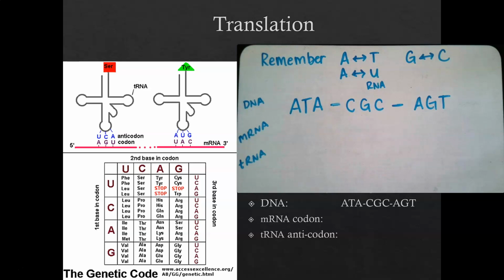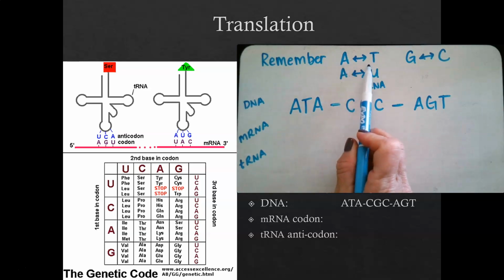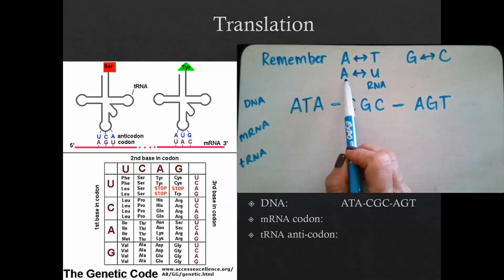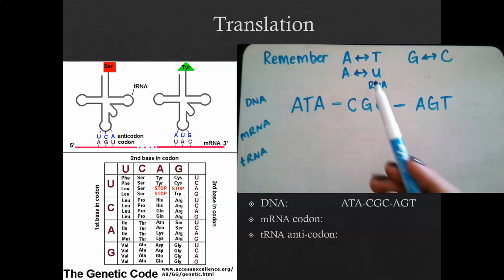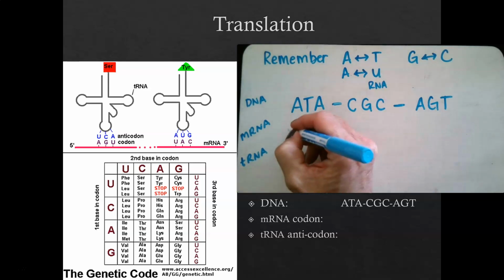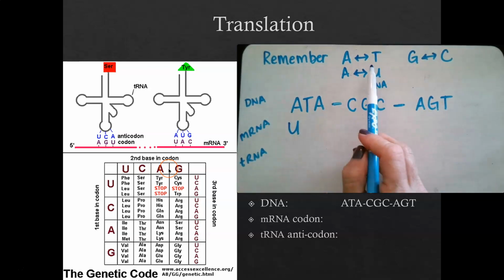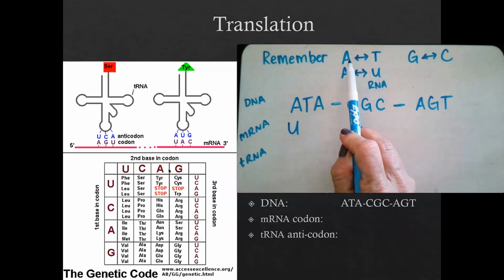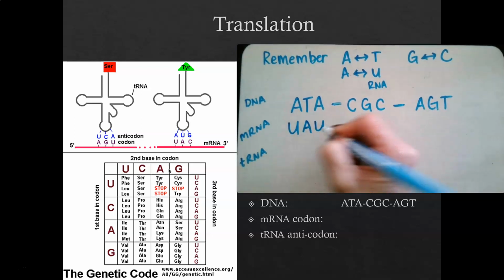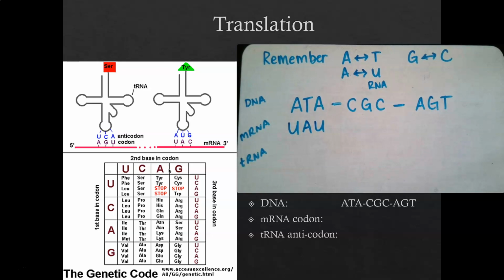Now we're going to look at what the mRNA complement to this would look like. We know that A goes with T if we're in DNA, but we're actually making RNA, so we need to use the rule that A goes with U. My first base of my mRNA is going to be uracil, U. T, when it's present in DNA, is still complementary to A, so I would get U, A, U for my mRNA triplet here.